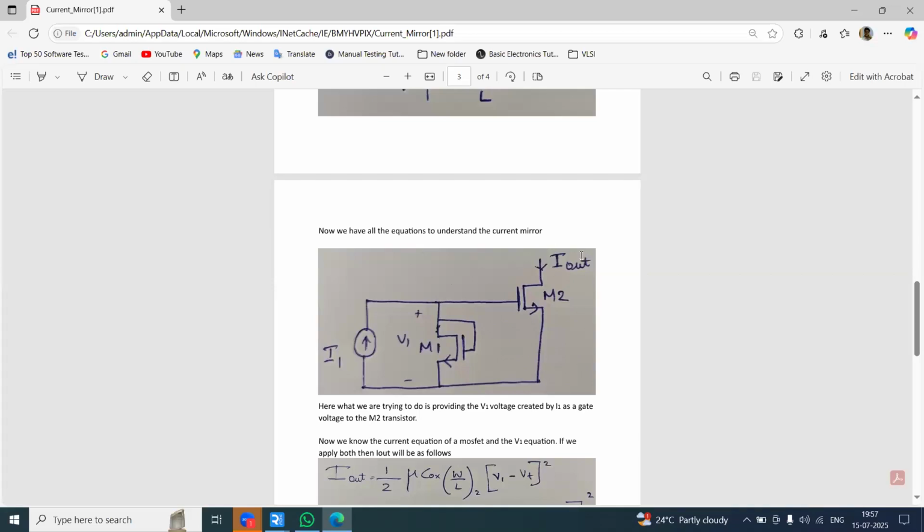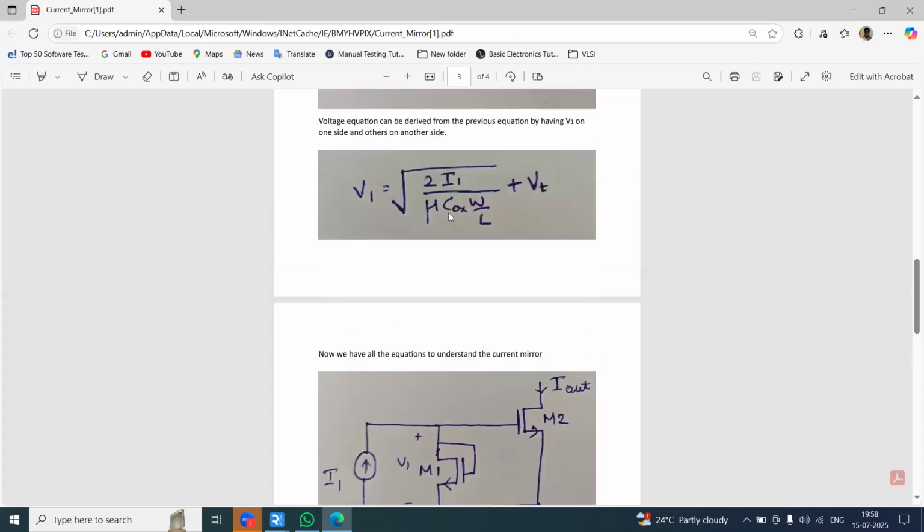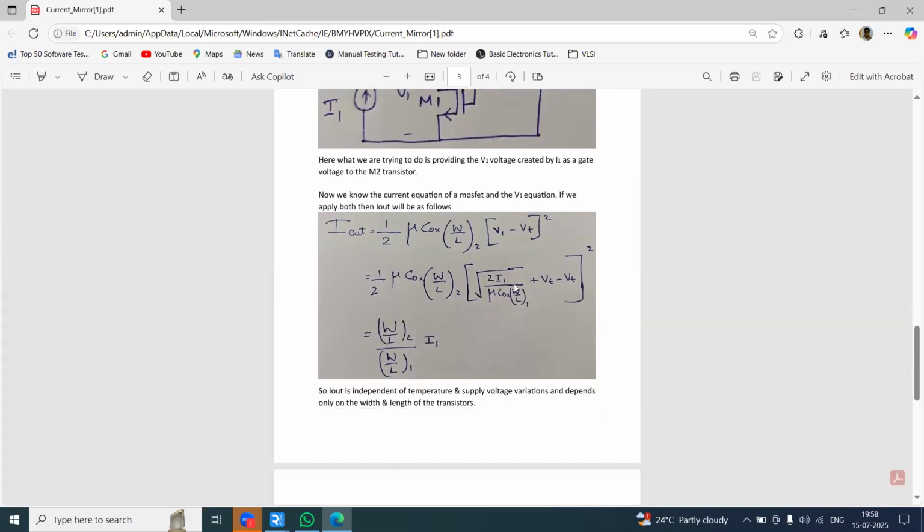I output is equal to the same formula, half mu n Cox W by L, device width by length, into V1 minus Vt whole square, where V1 is the value we get from this equation.